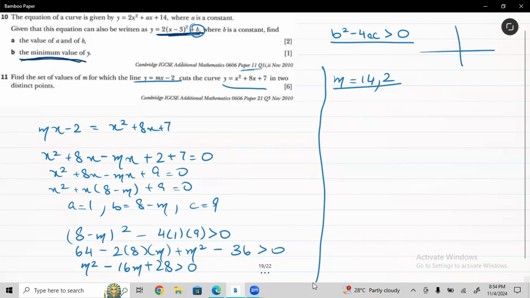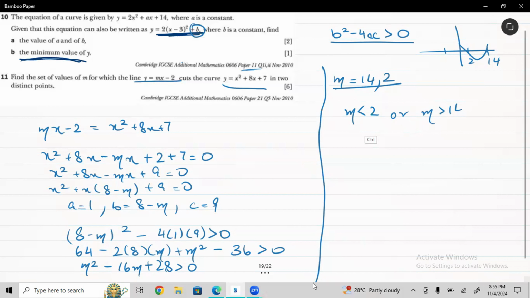Now again, we make a mini graph just for our ease. We ask what the values are which are greater than 0. So 2 and 14 would be something like this. So we would say that m is less than 2 or m is greater than 14.